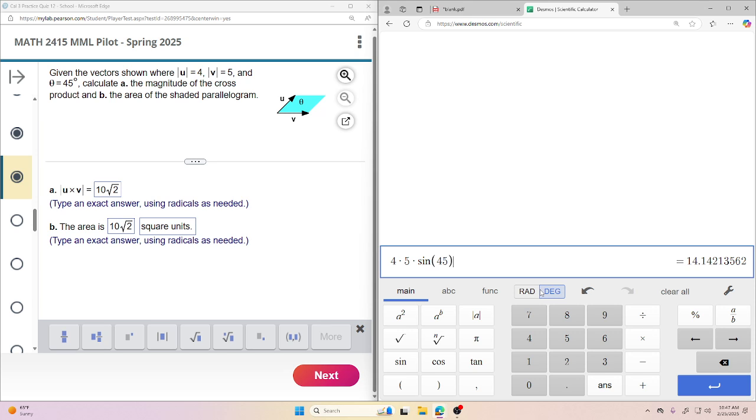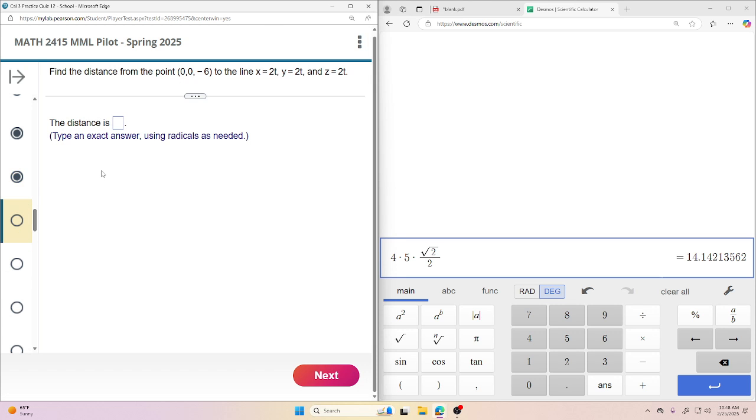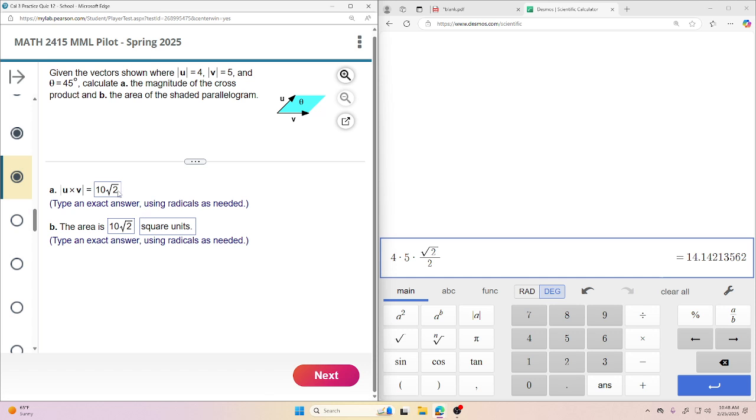But see how I put in sine of 45 and it's angry at me? So I would definitely stick to the unit circle stuff that you learned so well. Unit circle, you learned it for a reason. For a parallelogram, it is the magnitude. For a triangle, you cut in half. But they were saying parallelogram.